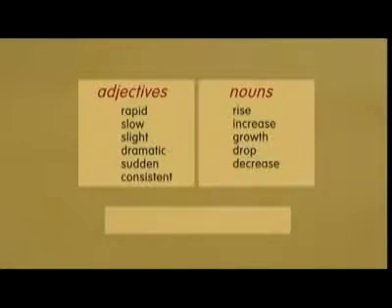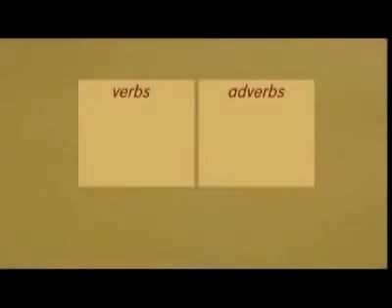But there's another way of describing these changes. We can use verbs and adverbs. Many nouns like the rise, the increase, the growth can be used as verbs. To rise, to increase, to grow, to drop, to decrease. And many adjectives can become adverbs.